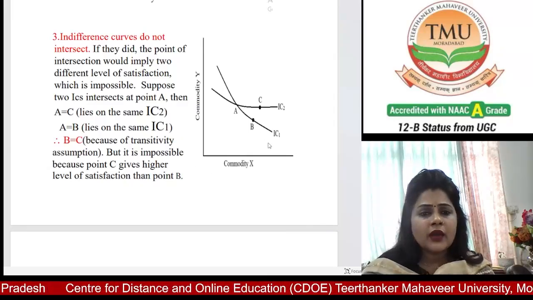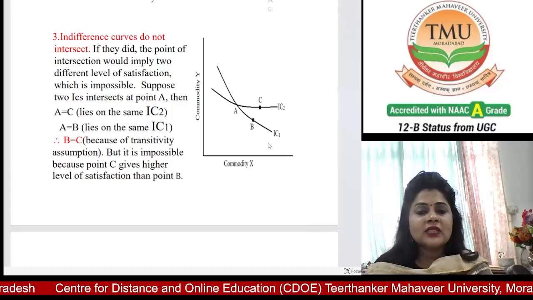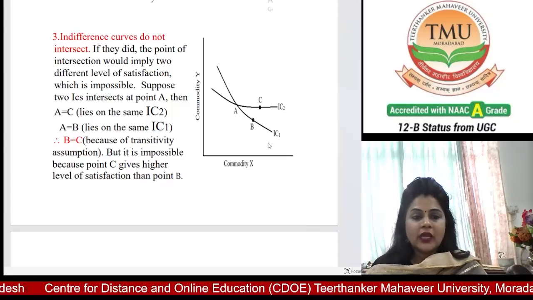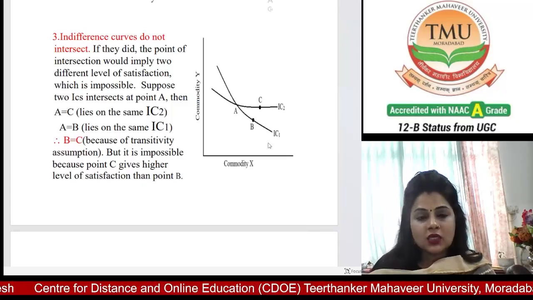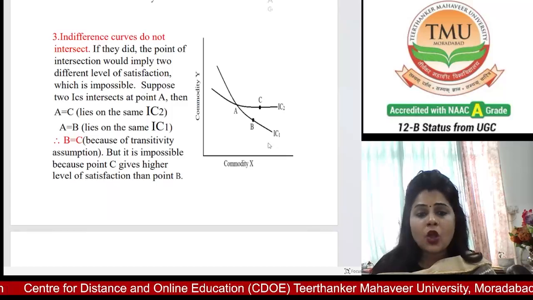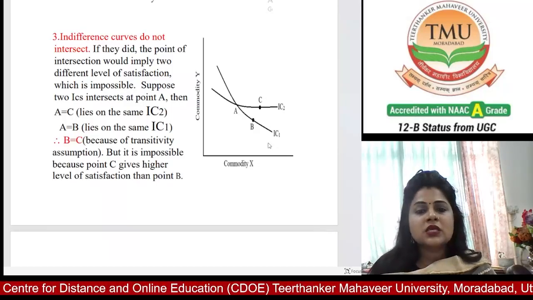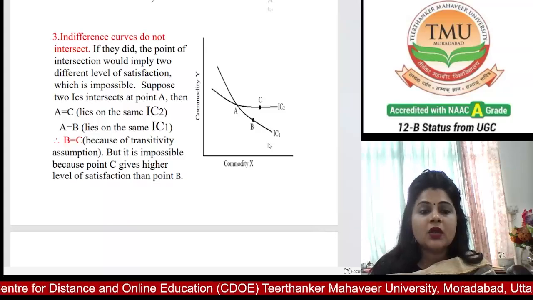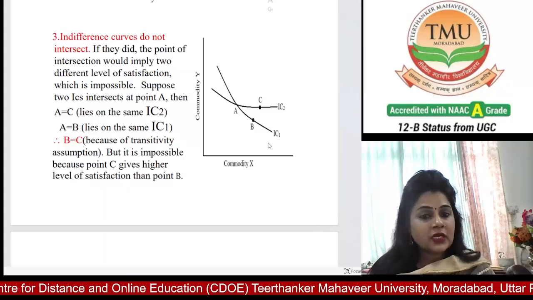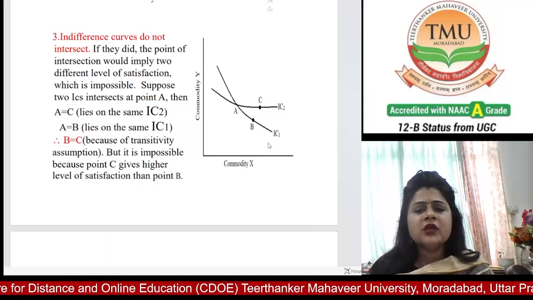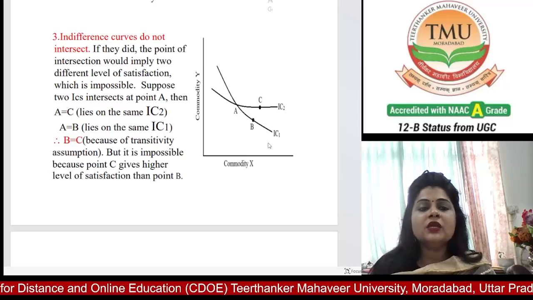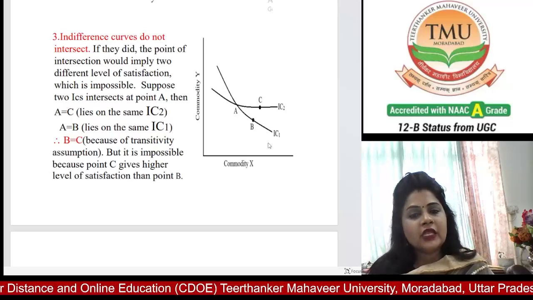I think you have understood that every point on an indifference curve gives the same satisfaction to the consumer. Also, an indifference map consists of different indifference curves with a different satisfaction level on each curve.